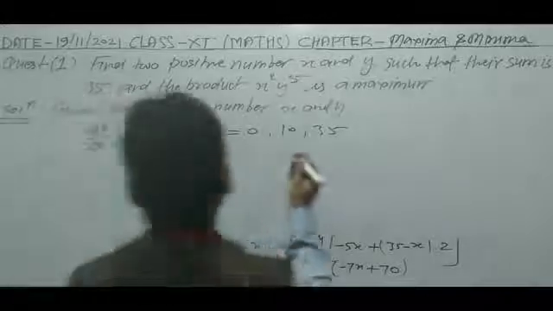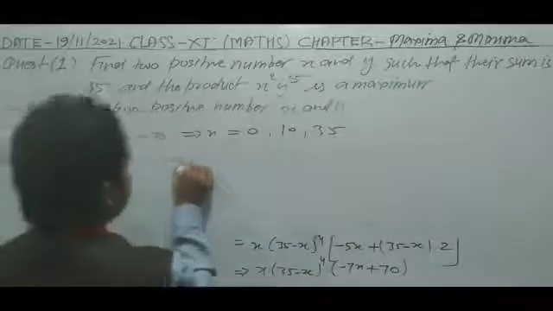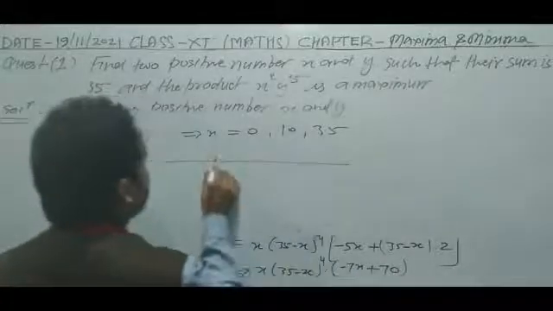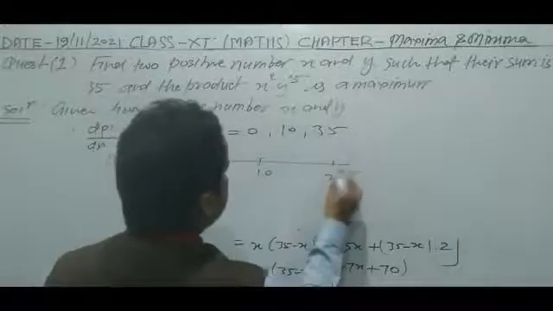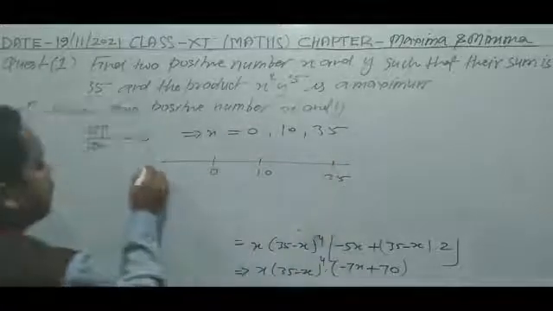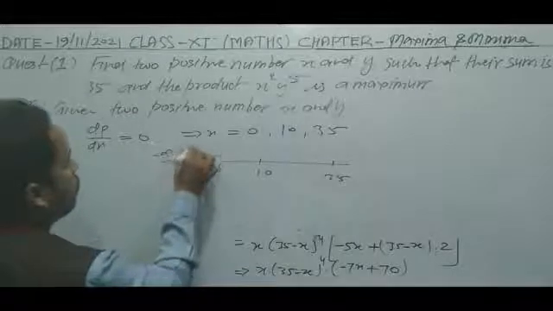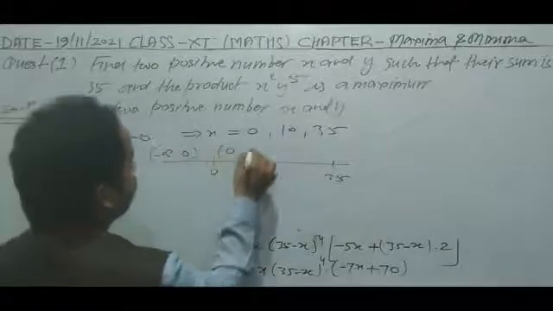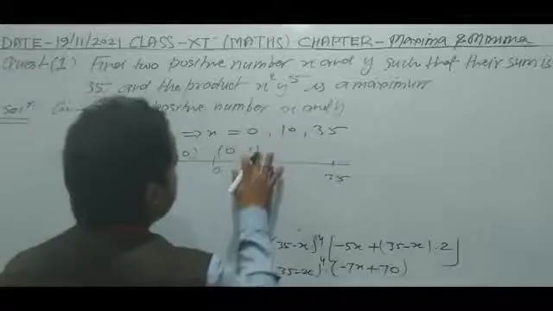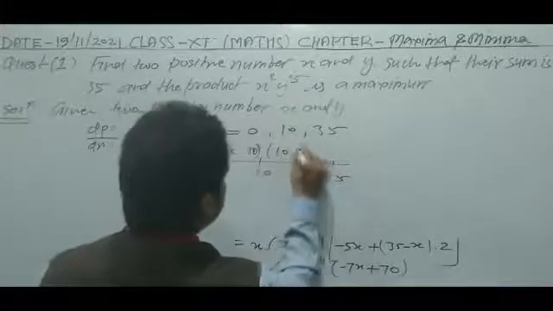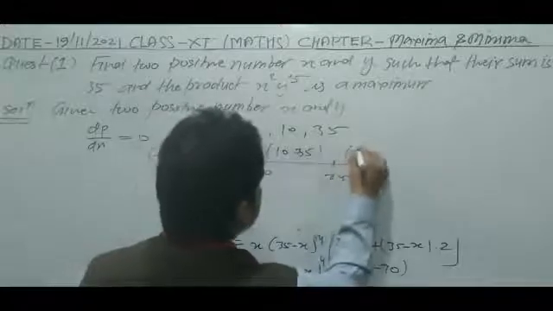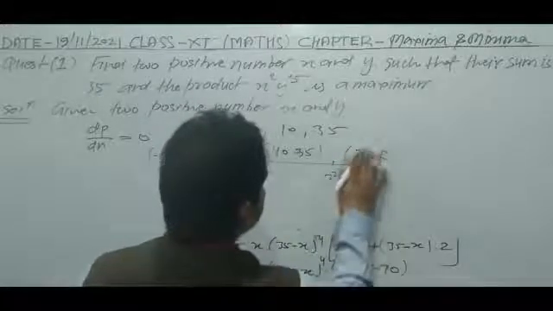These are the intervals on the number line. Suppose this is 0, this is 10 and this is 35. So these are the regions: minus infinity to 0, 0 to 10, 10 to 35 and 35 to infinity.